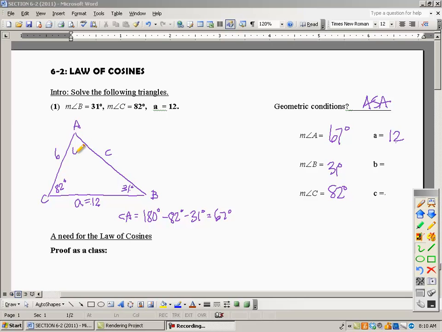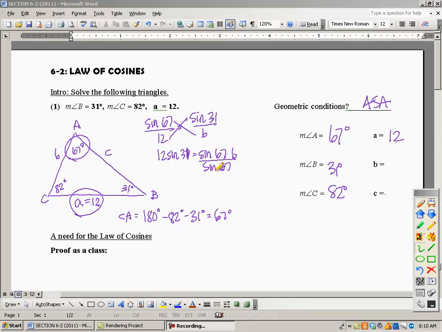We want to start by putting the 67 in because we want to use the corresponding side and angle. So here we go, the sine of 67 over 12, and I'm going to go B first. The sine of 31 over B. When you cross multiply, 12 times the sine of 31 equals the sine of 67 times B. And we divide by the sine of 67.